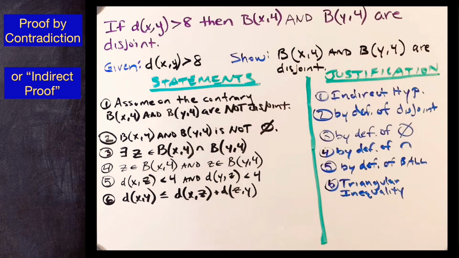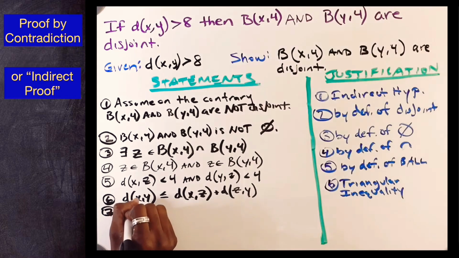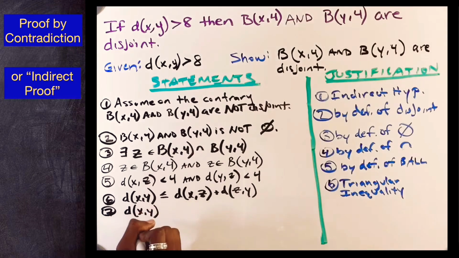Now, our next line is simple. We're just simply going to substitute in the value from step 5 into the formula written in step 6. So line 7 is going to say that the distance from X to Y is less than or equal to, and then you have the distance from X to Z, which we're going to grab from line 5, which is less than 4, plus the distance from Z to Y, which we're also going to grab from line 5.